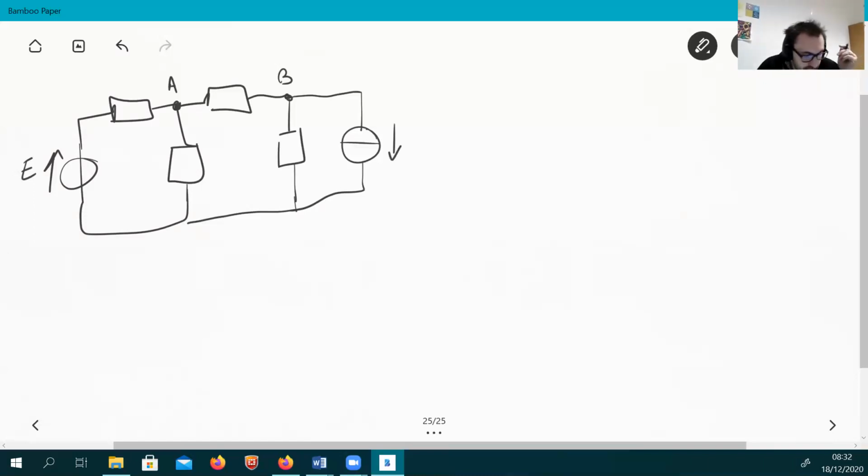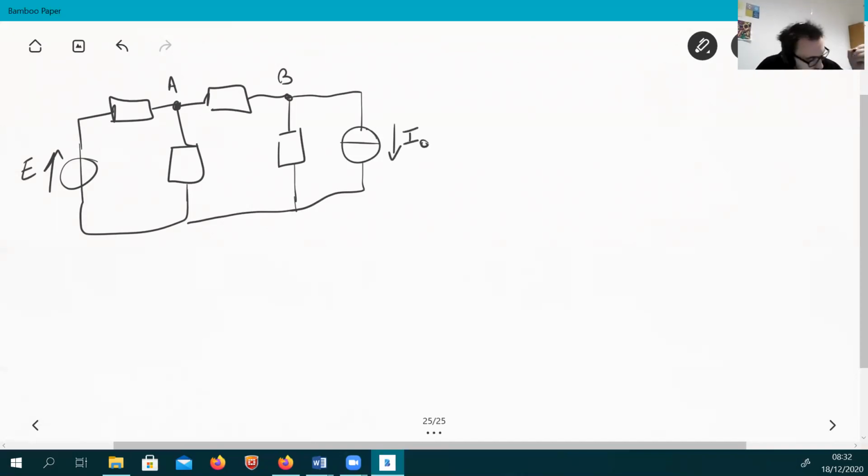The only thing is, if you are completely lost and you don't know what to do, if you go through Kirchhoff's law, you always end up with the right result anyway.